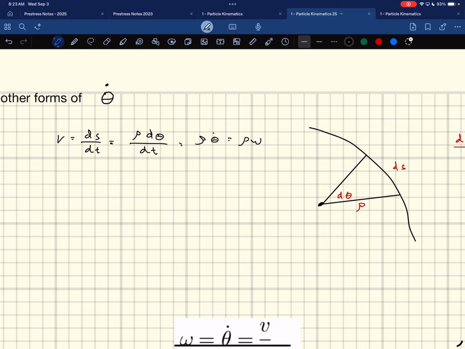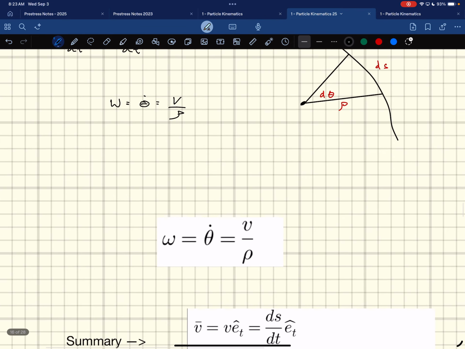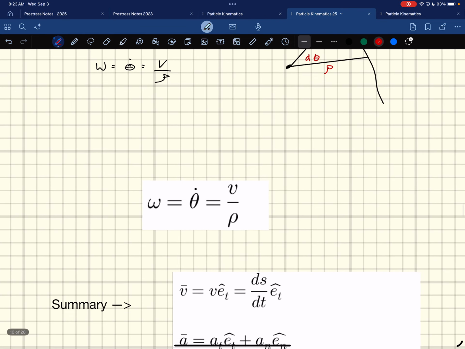We can rewrite velocity as being rho times omega or rho times theta dot. And so I'm going to summarize that. My omega could be equal to theta dot. It can also be v over rho. Oh, I already wrote that. That's right here. Good for me, Mike Berry, for several years ago.